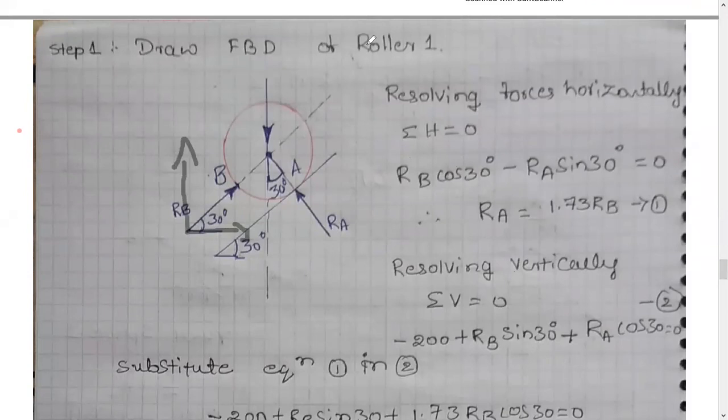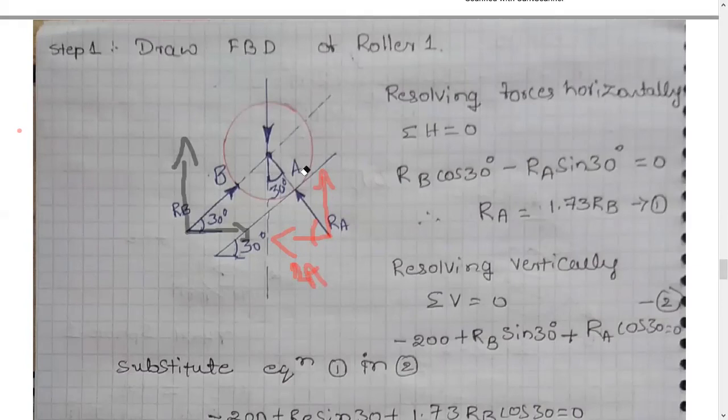If I resolve the RA force, the horizontal component is moving towards the left, which is equal to RA sine 30 degrees. It is 30 degrees because this force makes an angle with respect to vertical, therefore the horizontal component is sine theta, which is equal to RA sine 30 degrees.